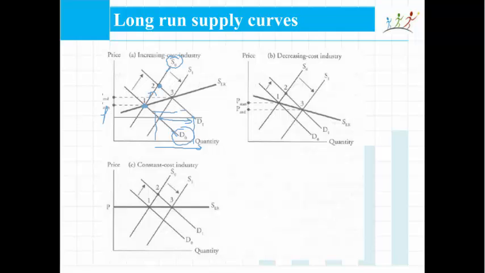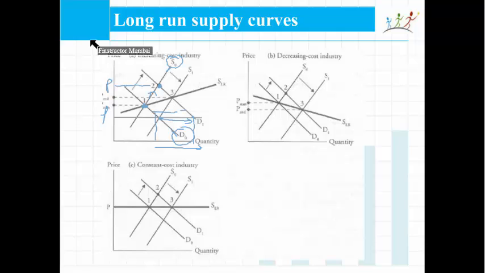As the price goes to point 2, more capacity will come into this industry because the profits are now high. Existing players will also want to expand capacity. New players will want to enter. So in the short run, the price will go up.